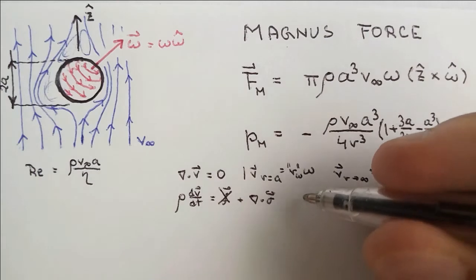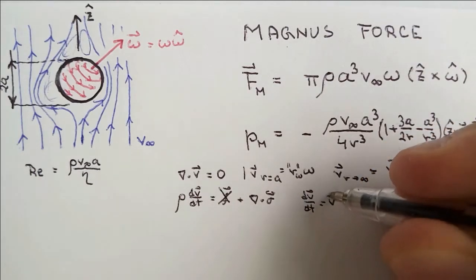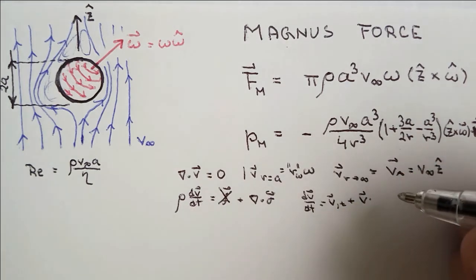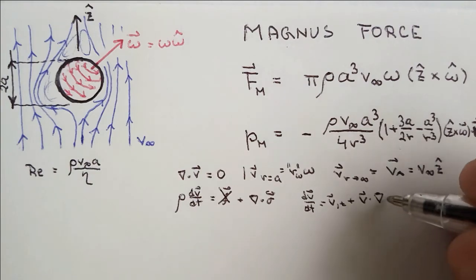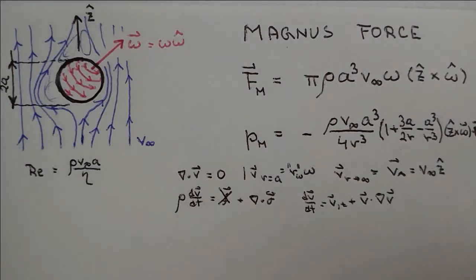And if you remember, d over dt can be written as the partial derivative plus the dot product of the velocity vector with the gradient of the velocity field, which is basically the material derivative.